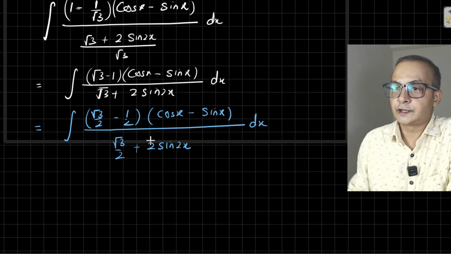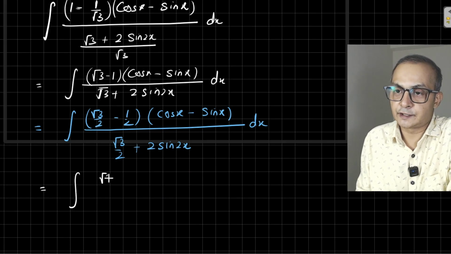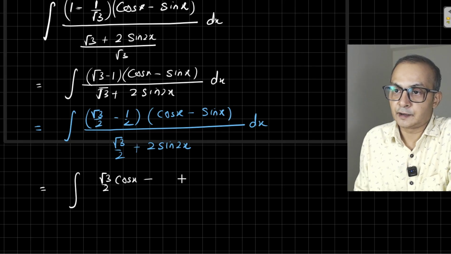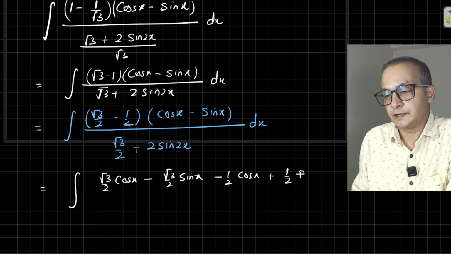So further what we can do is multiply, and it's expanding, so what we get here is root 3 by 2 cos x and root 3 by 2 sin x. There also minus half cos x and plus half sin x.